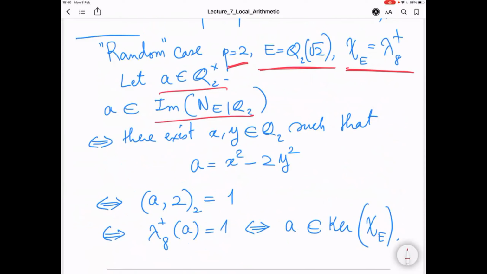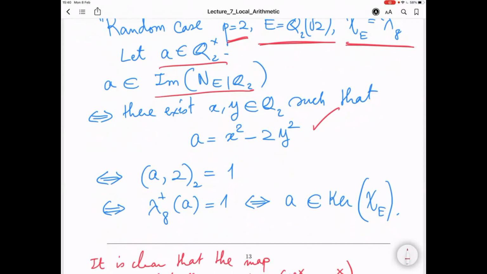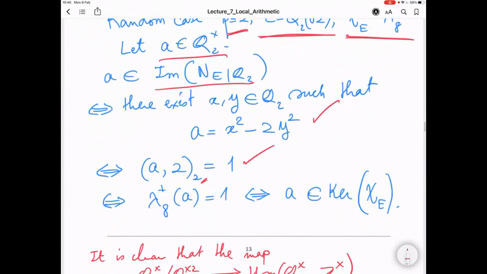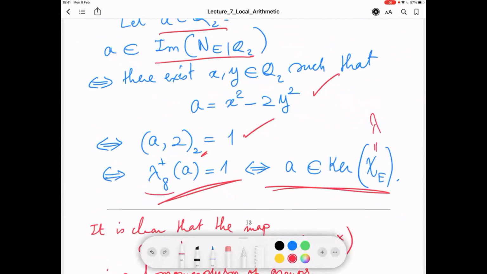It's a norm if and only if this A can be written like this, which is the same as saying that the Hilbert symbol of A at 2 should be equal to 1, which is the same as saying that lambda 8 plus of A should be equal to 1, because we had explicitly computed what it is in terms of lambda 8 plus. And this is the same as saying that A is in the kernel of this lambda 8 plus.